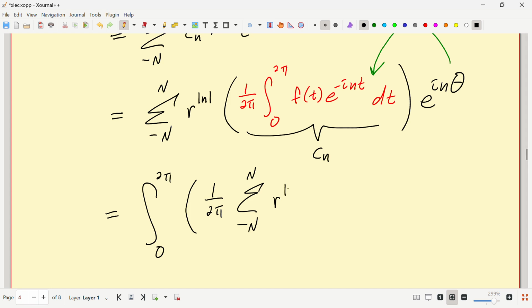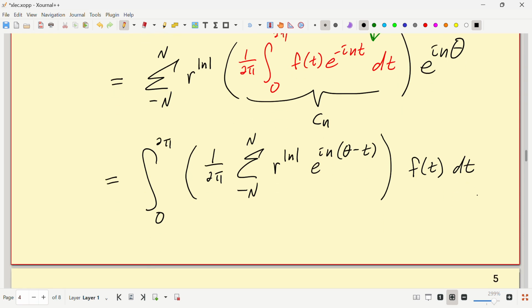r to the absolute n, e to the i n (theta minus t), times f of t dt. And that's a geometric series. Actually, there are two of them.